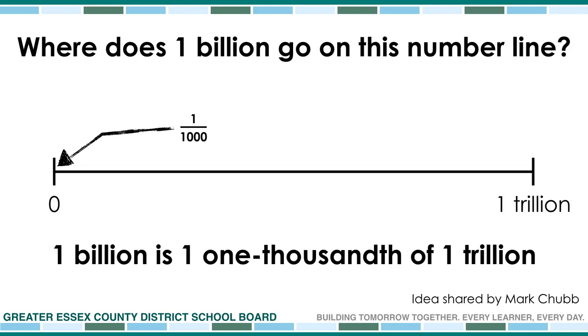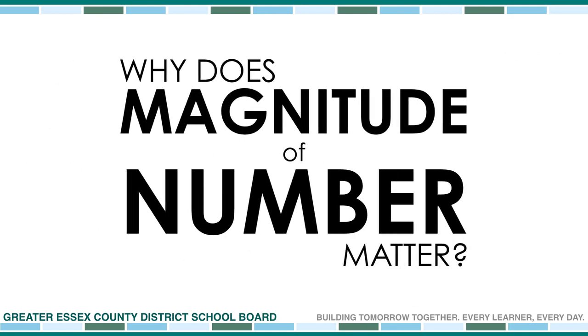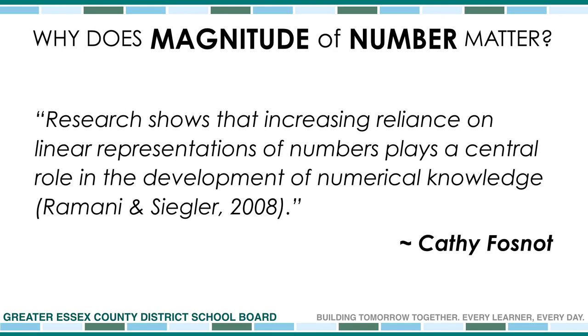Now you might be wondering to yourself, why does the magnitude of number matter anyway? Well, research tells us that increasing reliance on linear representations of number, just like that number line we used just a moment ago, plays a central role in the development of numerical knowledge.